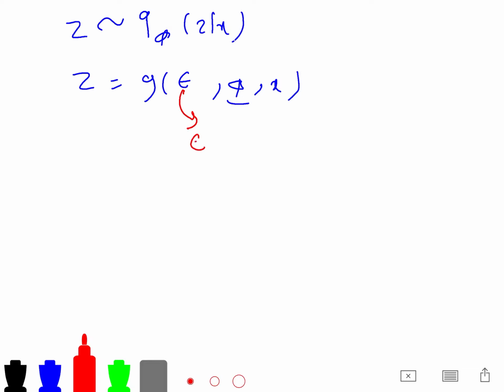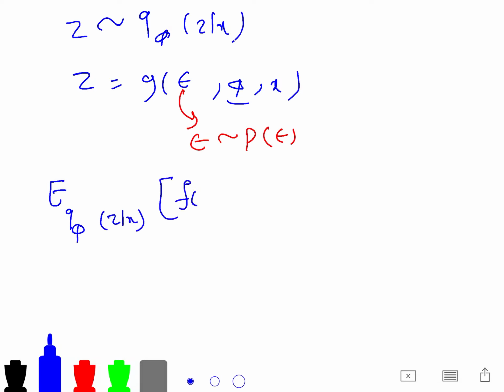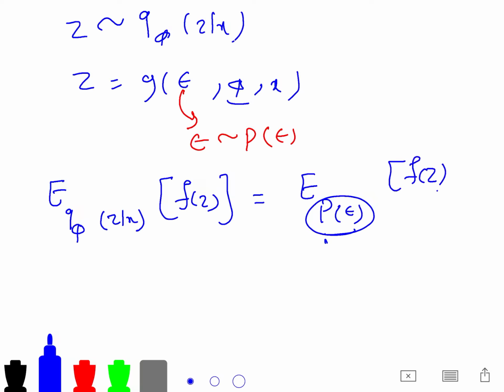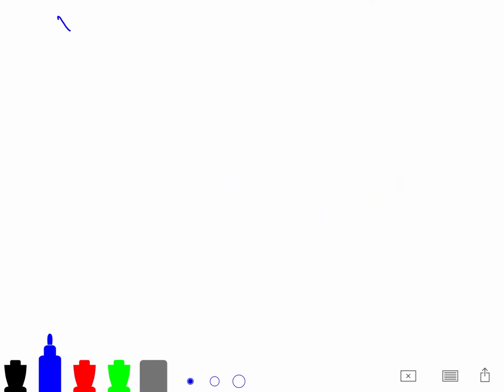Epsilon is just a distribution you draw from p, and it is independent of x or phi. So we can say that the expectation over q phi of z given x of f of z is the expectation over p of epsilon of f of z. Now everything is easy because it depends only on epsilon, and we can use a simple Monte Carlo estimator.